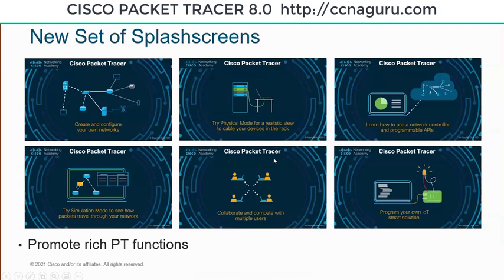I would assume they are random, and I may be missing some, but I've seen 6 of them launching Packet Tracer many times. These definitely help to promote rich Packet Tracer functions, including network simulation, physical mode and rack experience, network controller and programmable APIs, simulation mode with tracking packets, multiuser mode, which can bring different Packet Tracer users together even while they are physically separated, and of course IoT device simulation.